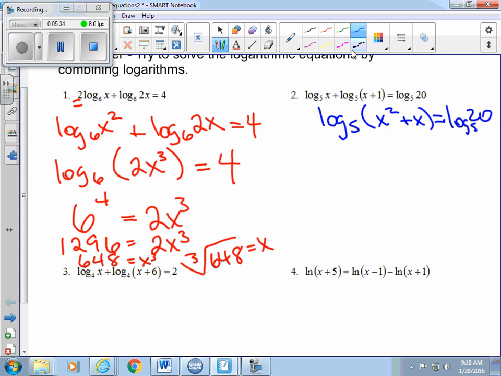It's not quite dividing them out, but kind of looks like it. They just go away. Because would you agree if log base 5 of x squared plus x equals log base 5 of 20, then x squared plus x would have to equal 20? Right? That makes perfect sense. We even talked about that yesterday with that property of logarithms. So x squared plus x equals 20.